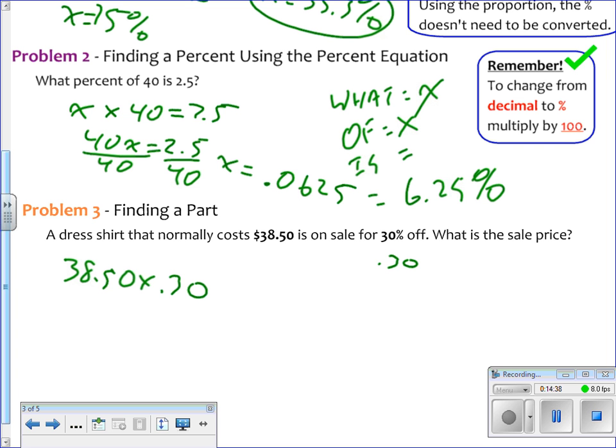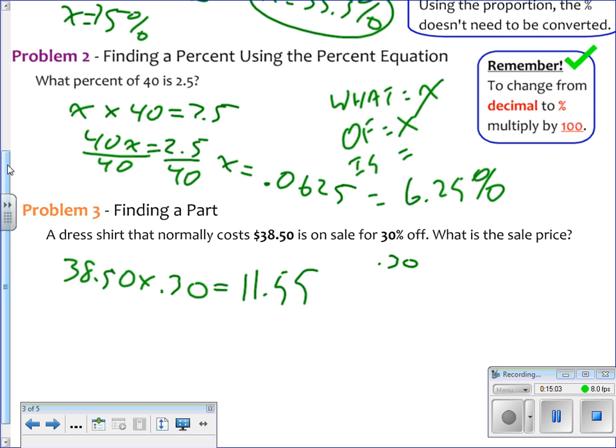You have to make your percent a decimal when you do this. Multiply those. $38.50 times 0.3 equals $11.55.